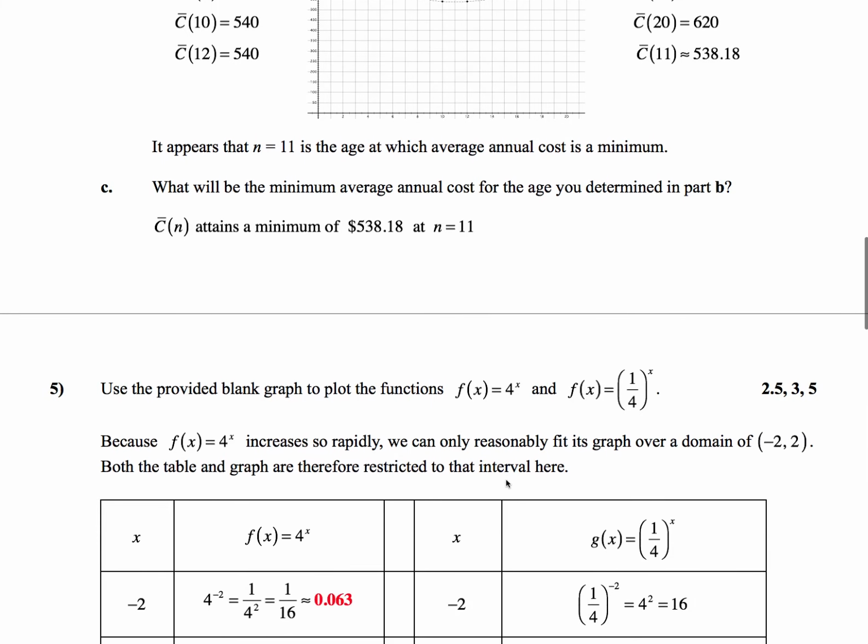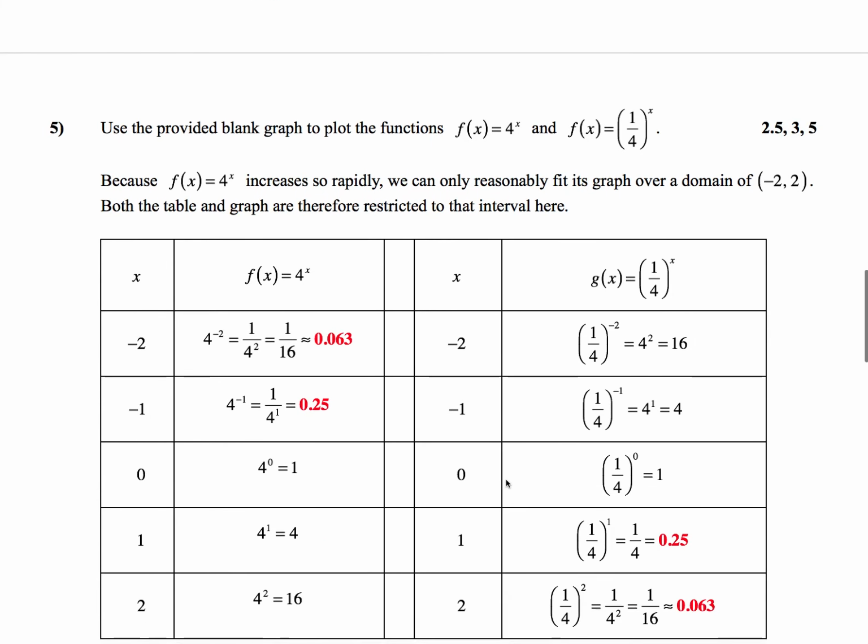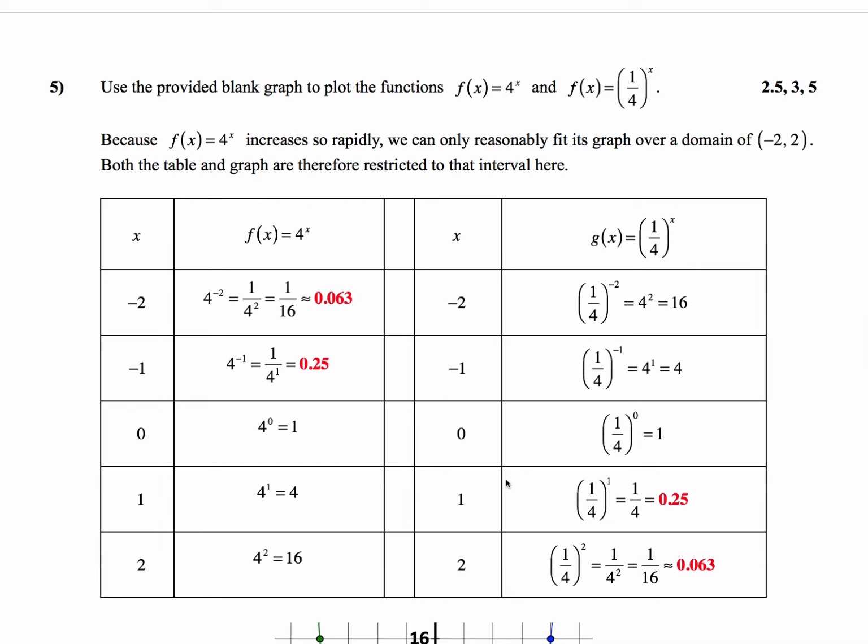Now, question 5 asks us to graph an exponential function. Actually, it asks us to graph 2. And this is exactly like what we did in class when we graphed 2 to the x and 1/2 to the x, except for this practice it's 4 to the x and 1/4 to the x.